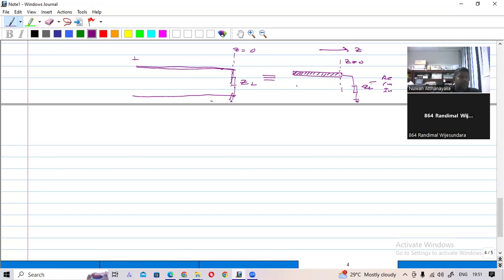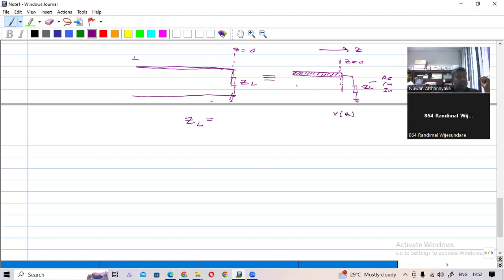Now, can you write the equation for ZL? Because you know that at Z is equal to 0, there is a total voltage V0 and there is a total current I0.